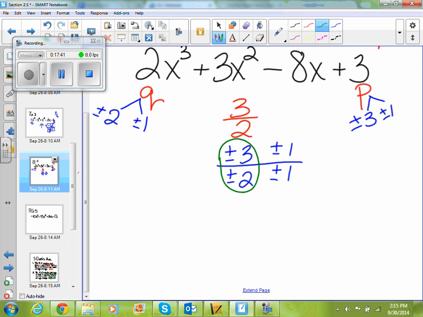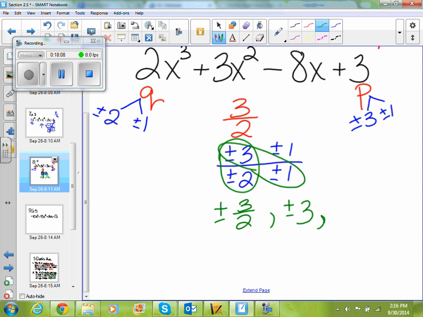So I'm going to group positive and negative 3 first, so I end up with positive or negative 3 over 2 as my first option for my zeros. Then if I group 3 and 1, 3 divided by 1 is just 3, so I end up with positive or negative 3 as my second option. And these are just options. They're not necessarily the answers, but they give us our options.